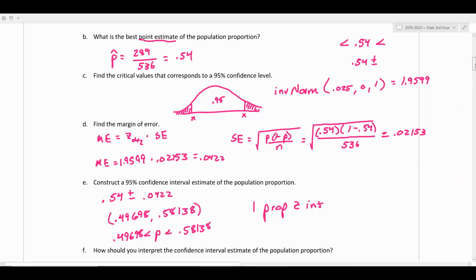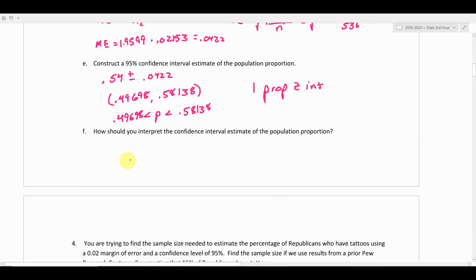All right, last thing we need to do is just interpret our confidence interval. What is it that we just found? What we found is an interval that we think contains the true proportion of women that buy clothes online.